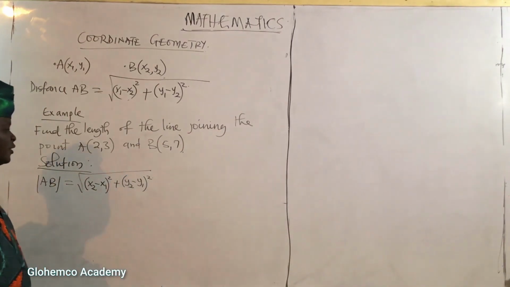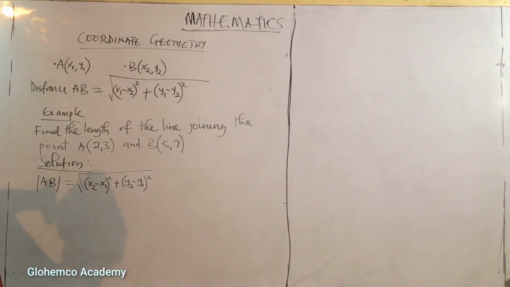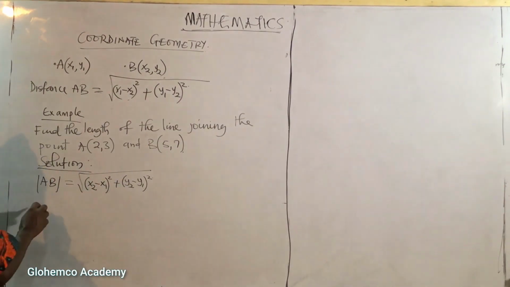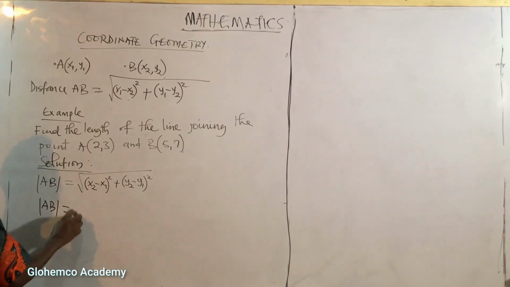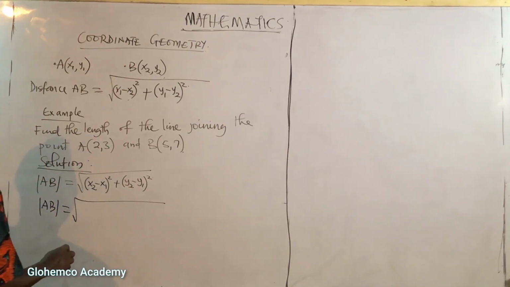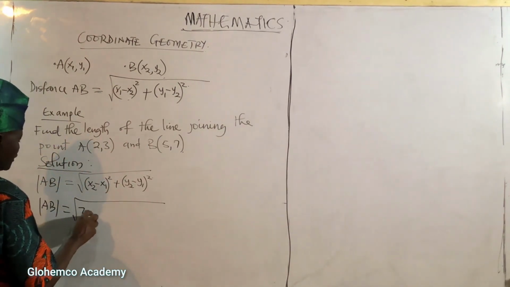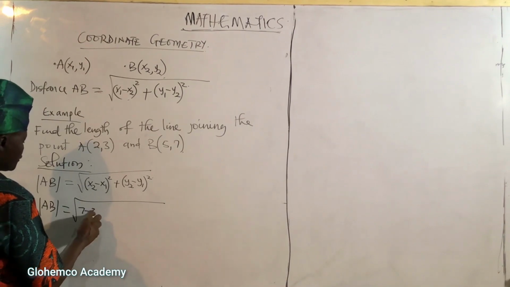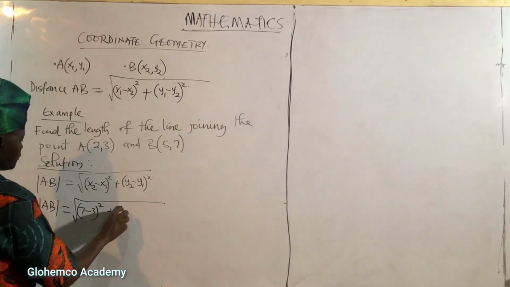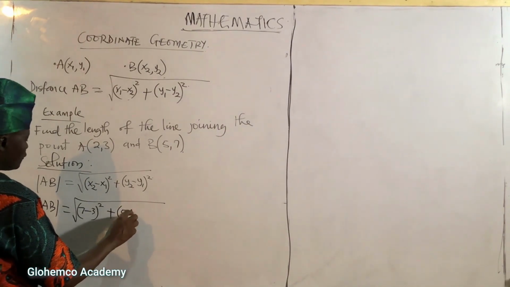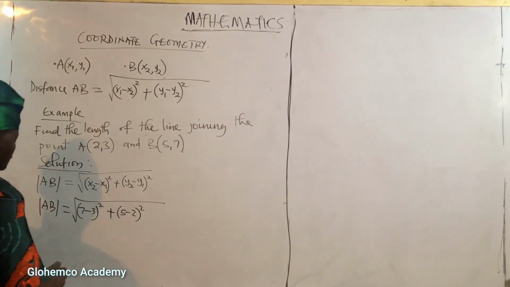How do we find this now? Here, we talk of AB equals square root of (7 minus 3) all squared plus (5 minus 2) squared.